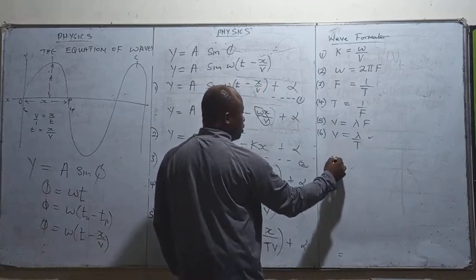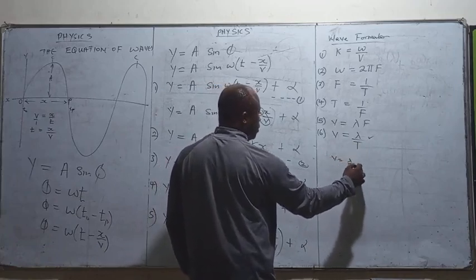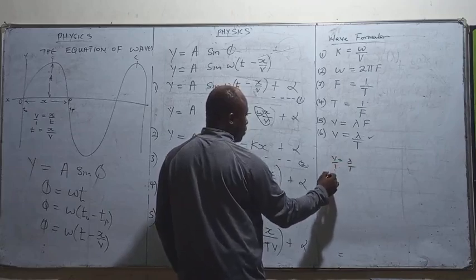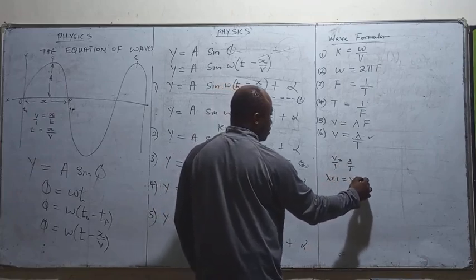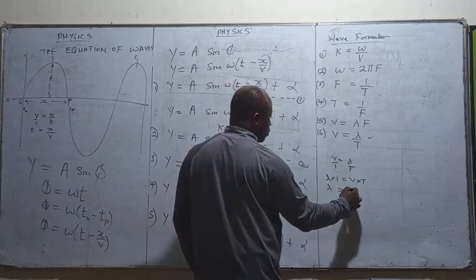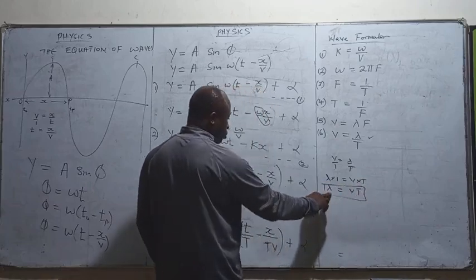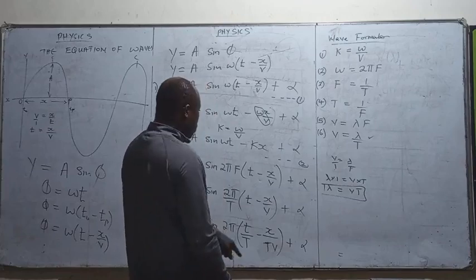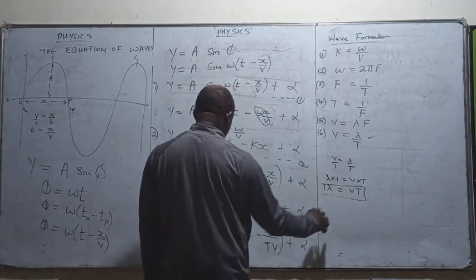We have here v equal to lambda over T. If you cross multiply, you see that lambda times 1 is what? Lambda times 1 equals what? V times T. So we have lambda equals what? VT. So this expression, we are going to replace it with what? Tv. So lambda equals vT or Tv.